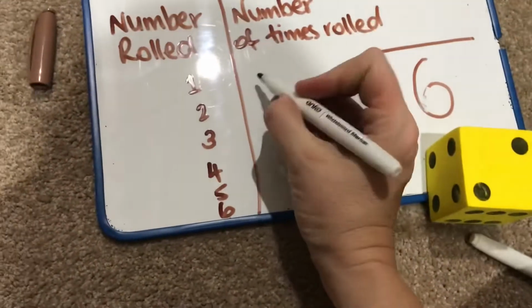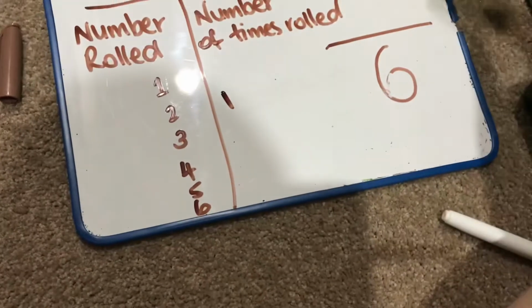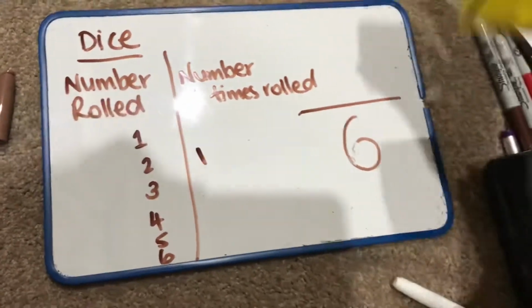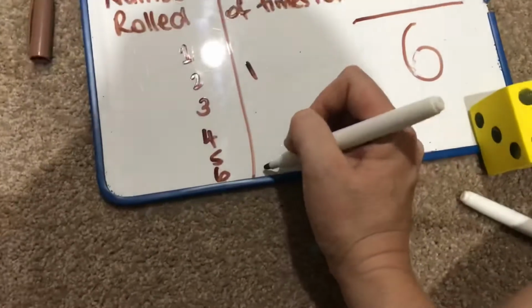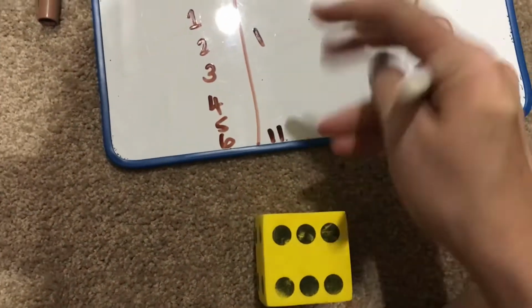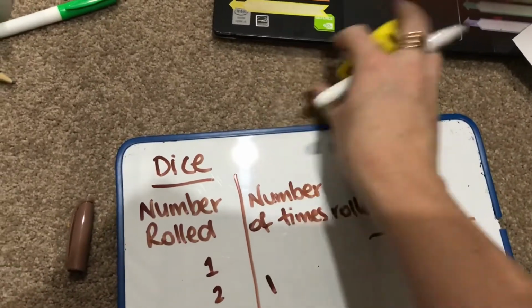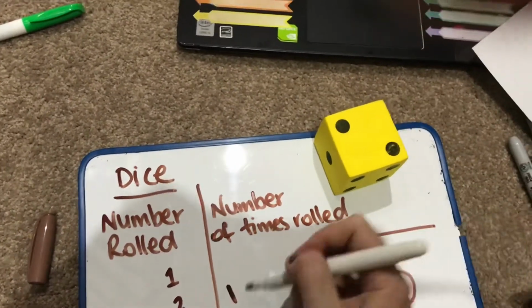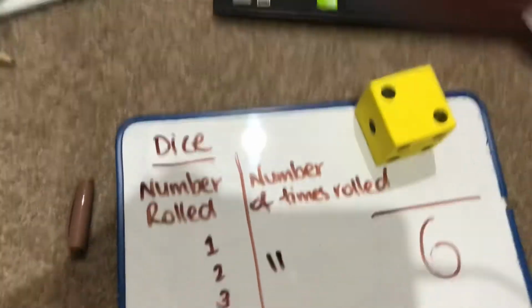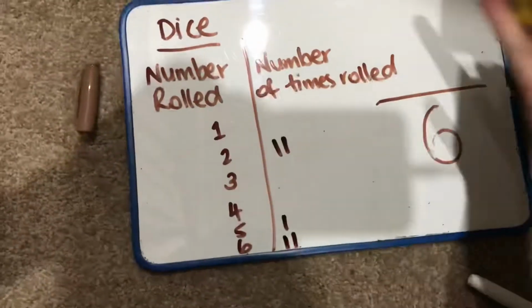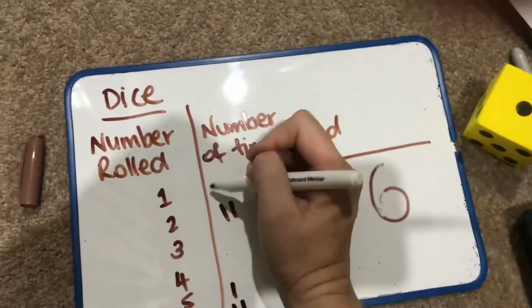The number 2. Do that one again. The number 6. Number 6. The number 5. The number 2. That's 1, 2, 3, 4, 5. I need one more roll. The number 1.